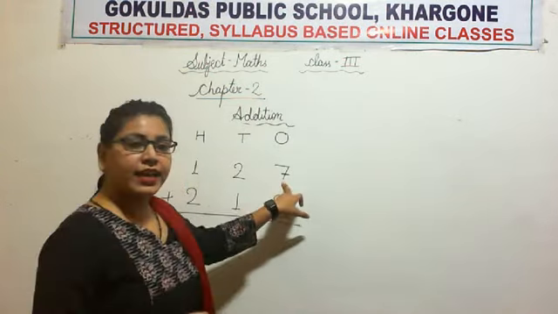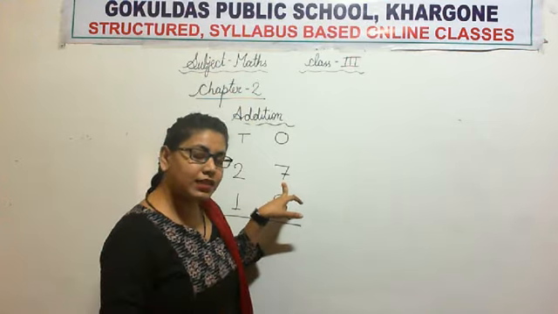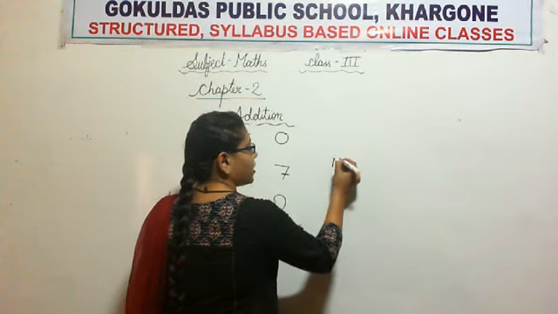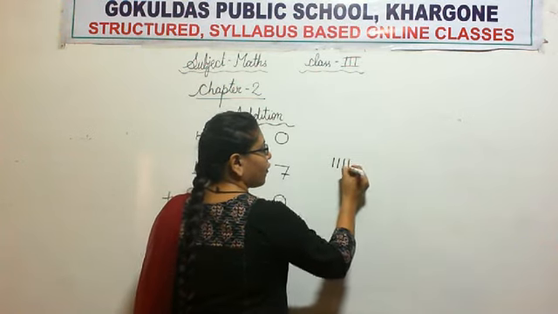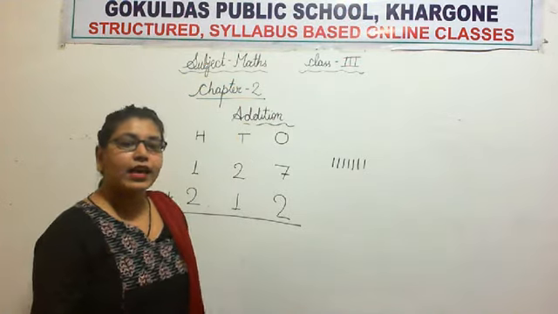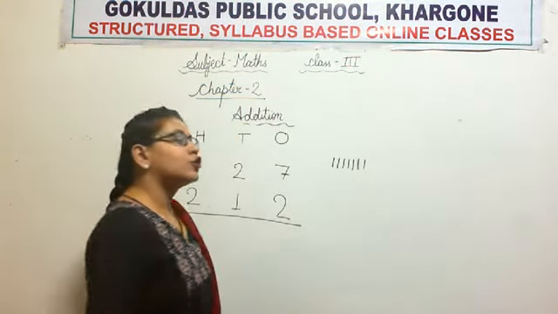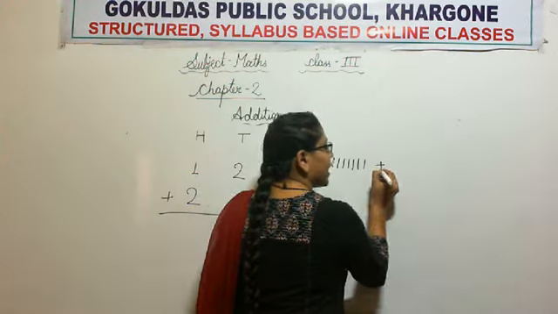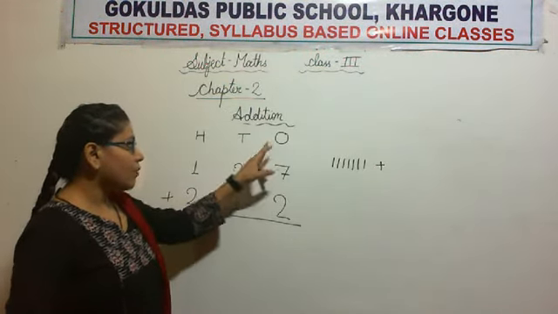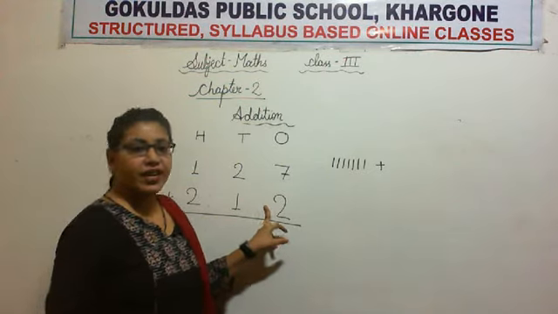So what is written here? 7. So how many sticks will we draw? We will draw 7 sticks. 1, 2, 3, 4, 5, 6, 7. Then what are we doing here? We are doing addition, so we will put a plus sign. Now the next number below the ones position is 2.